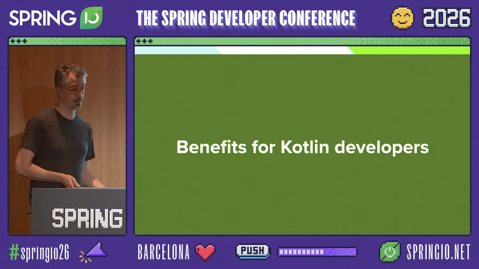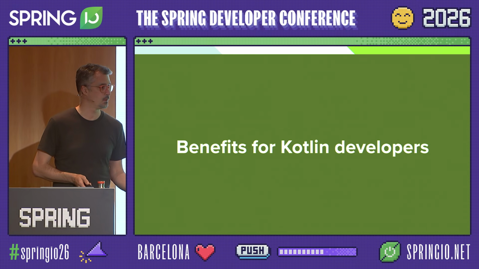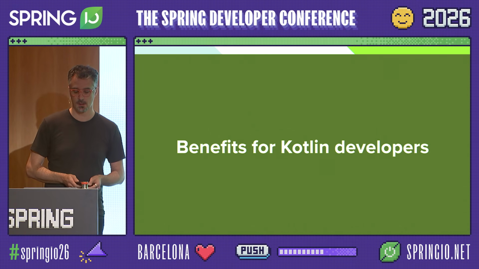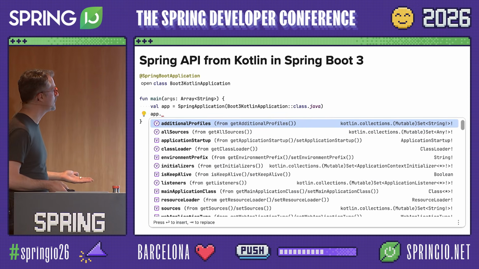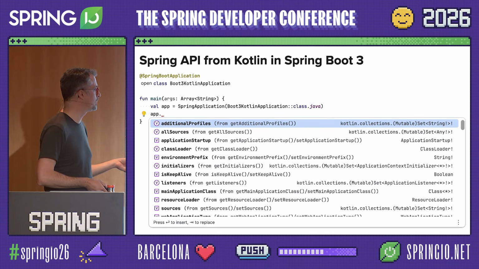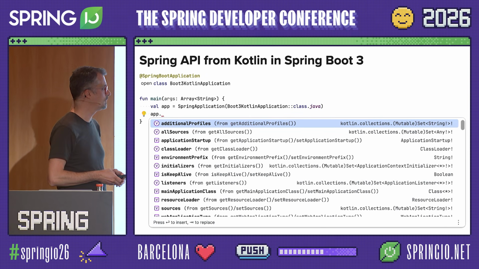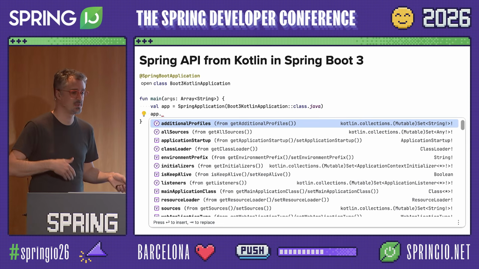Benefits for Kotlin developers. If you are a Kotlin developer, or a Java library developer targeting Kotlin developers, this is the Spring API that is visible from Kotlin in Spring Boot 3. As a Kotlin developer, I see a lot of exclamation marks in the type system. Exclamation mark means platform type, meaning unspecified null-safety.